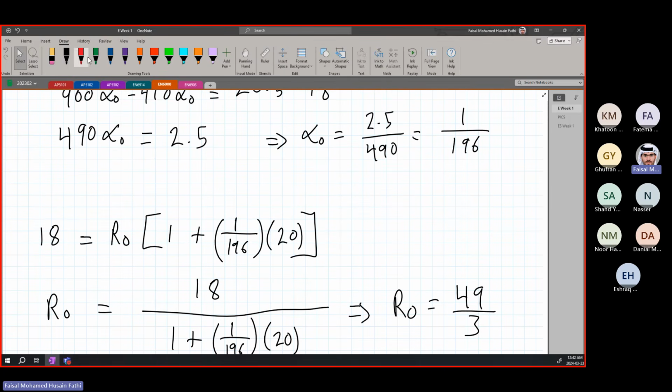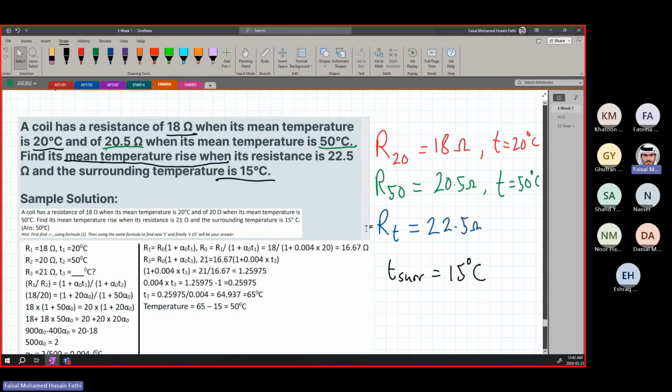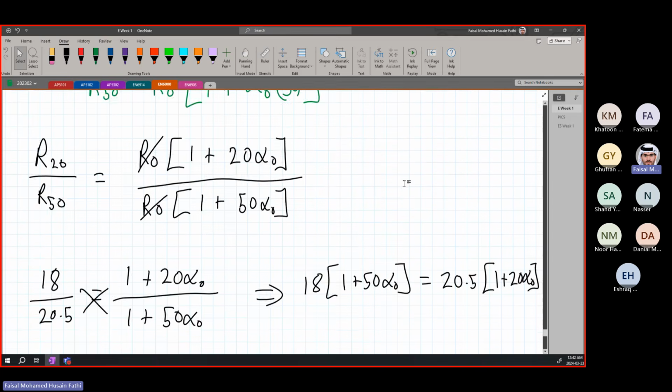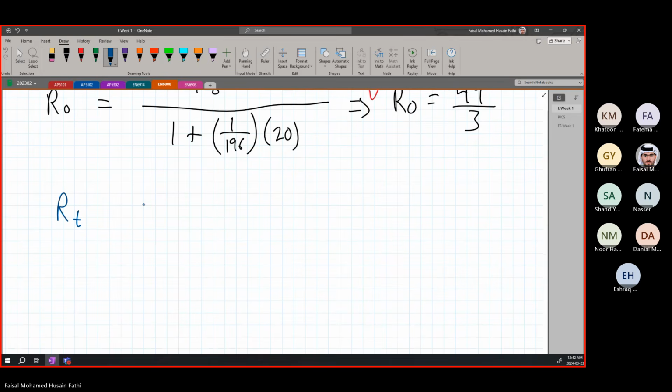We found our alpha 0, we found our R0. Now we can solve the question for any temperature. So now what does the question want us to find? They need us to find the temperature given the resistance value. So we know that RT is going to be equal to R0, which is 49.